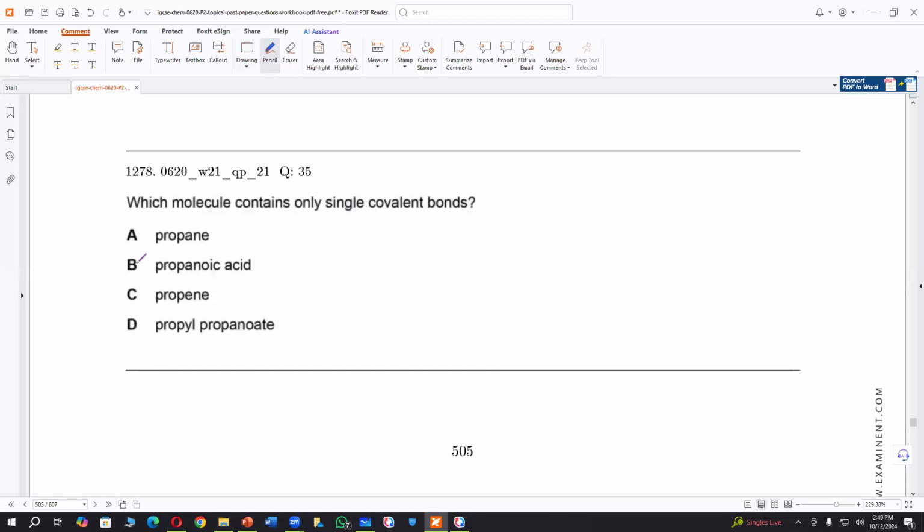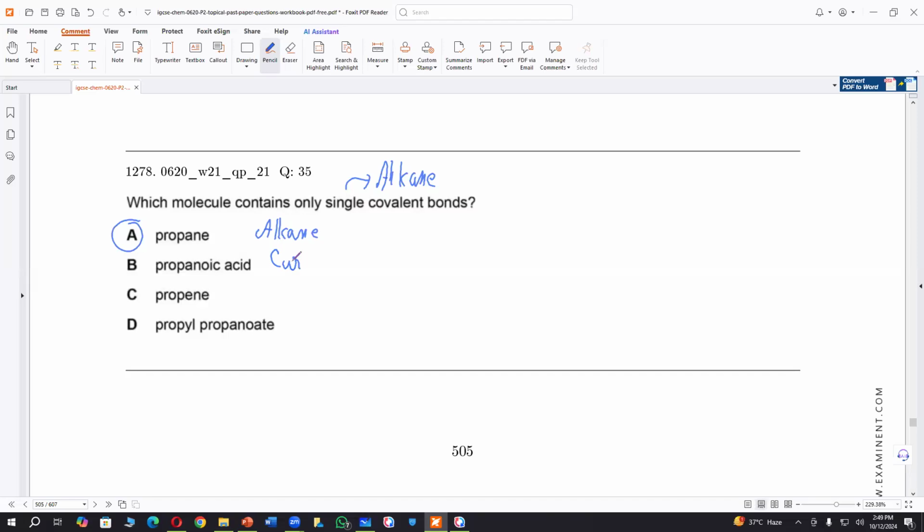Which molecule contains only single covalent bonds? Single covalent bond should be an alkane. Alkane, yeah. A. Just for my revision, this is an alkane.